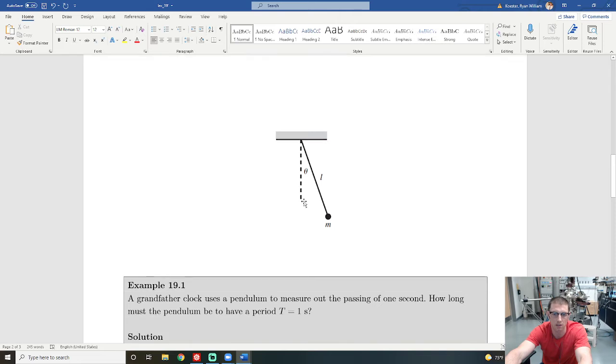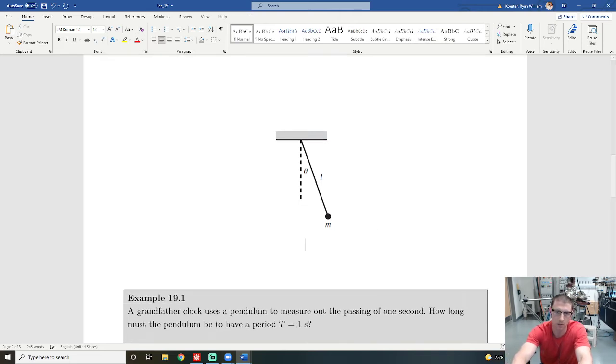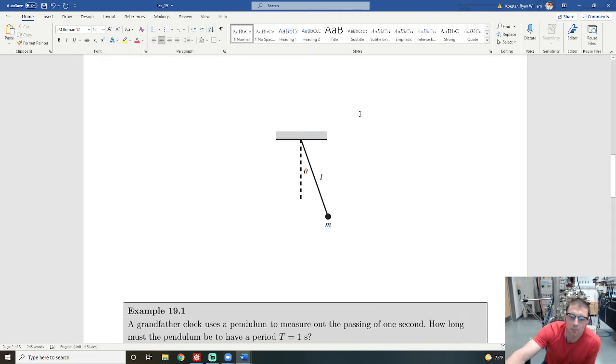And so this is a simple sketch of what this might look like, right? And because the rod is free to pivot at the point where it's attached to the ceiling, it can swing back and forth, and that's something very important to note for our discussion here.